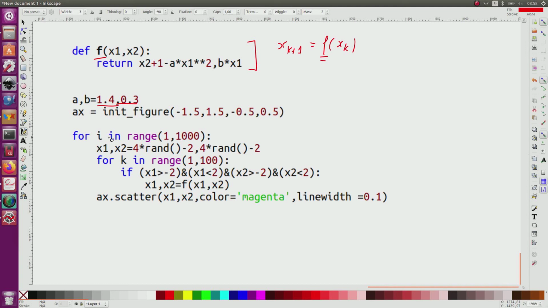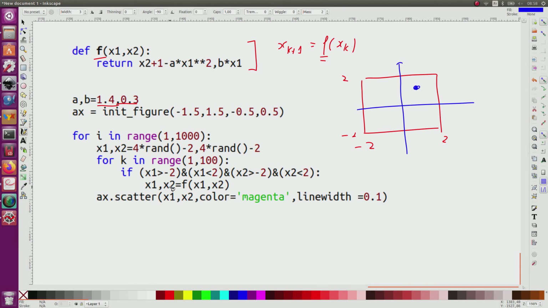So now I consider a cloud of points, but I will not memorize it. I will take points one by one. I take randomly a point inside the box [-2, 2] x [-2, 2]. So it is one element of this cloud of points.